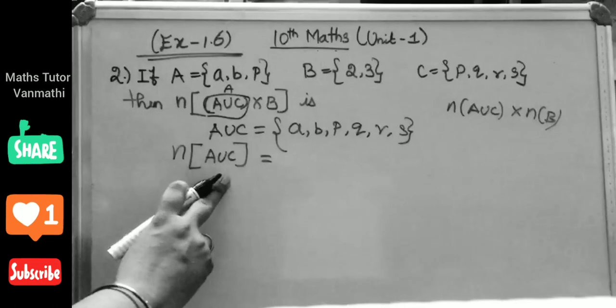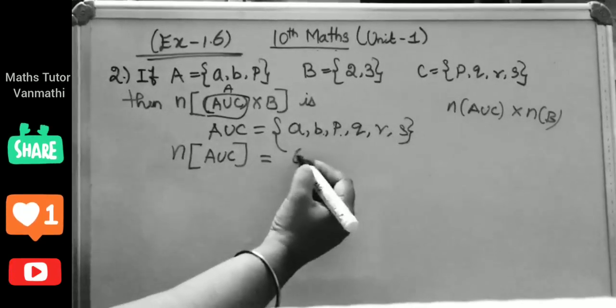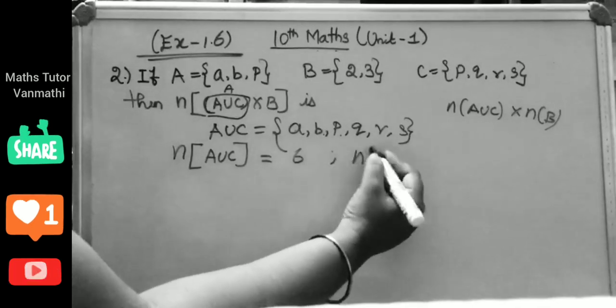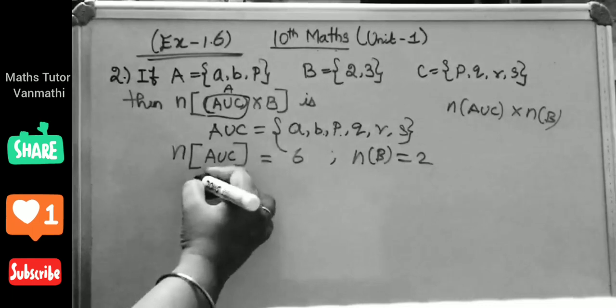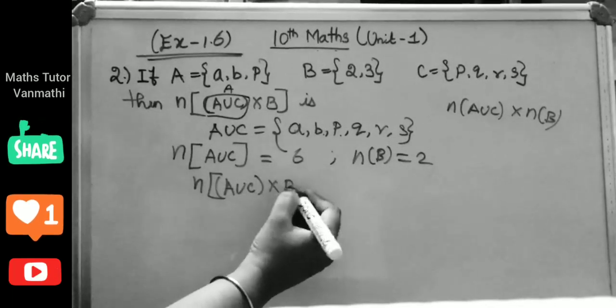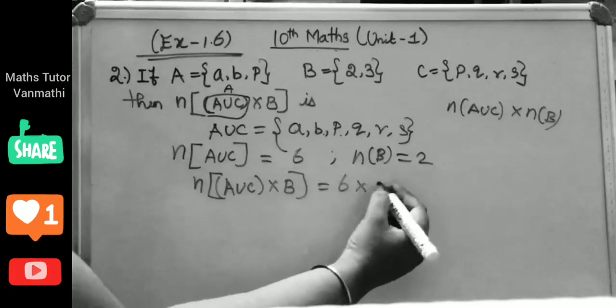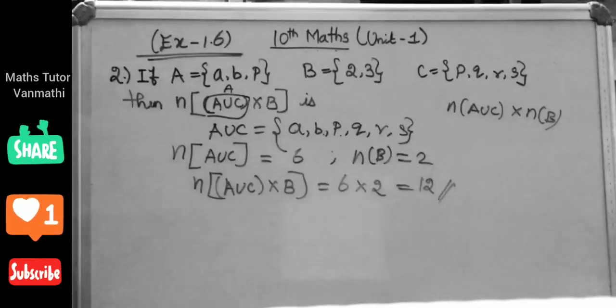So n of A union C is nothing but 6 elements, and n of B is 2 elements. So n of (A union C) cross B is equal to 6 into 2, which is 12. Clear? We can move on to the third 1 mark.